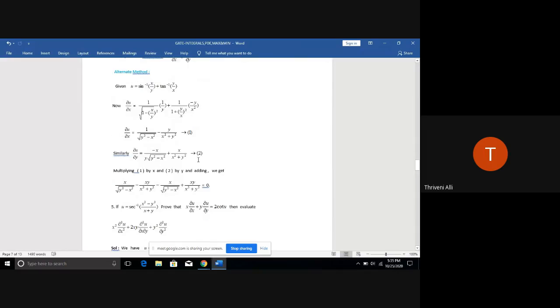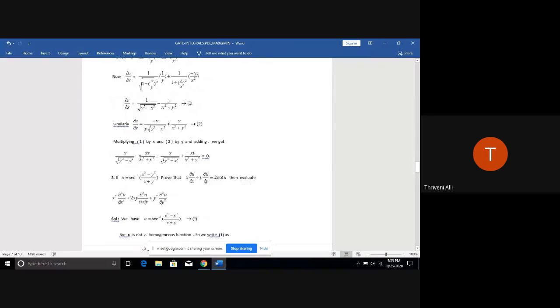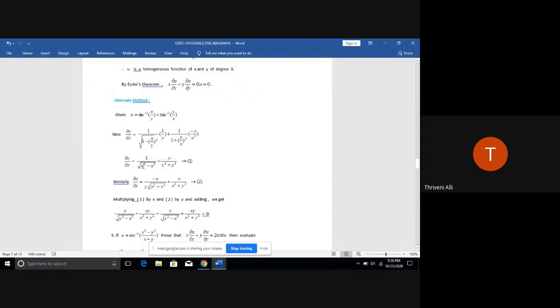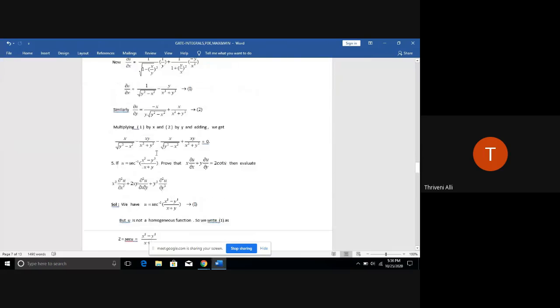So what is the question? Prove that. Okay, find. So they will not ask you to prove that. So now multiplying x with ∂u/∂x and y with ∂u/∂y and adding, we get a 0 answer. Okay. So the fifth question is also the same.